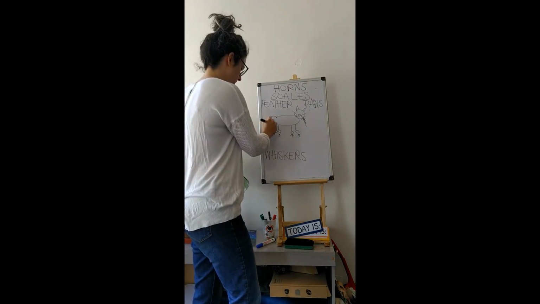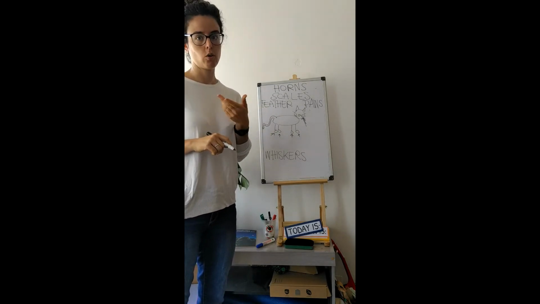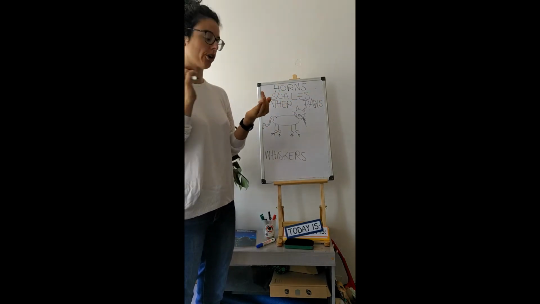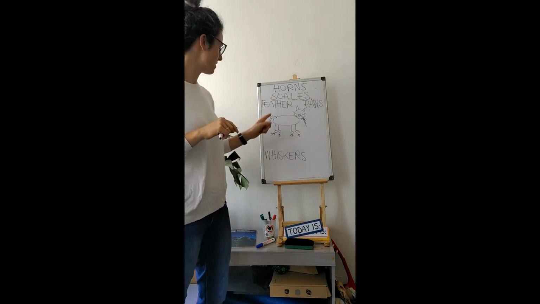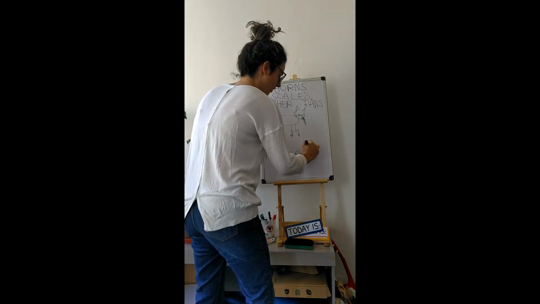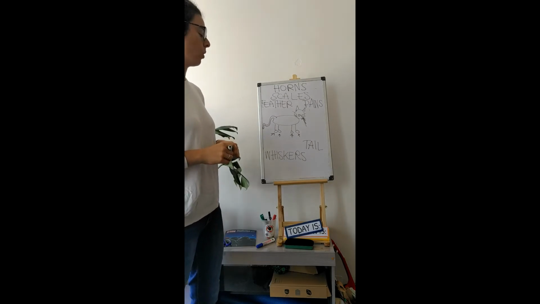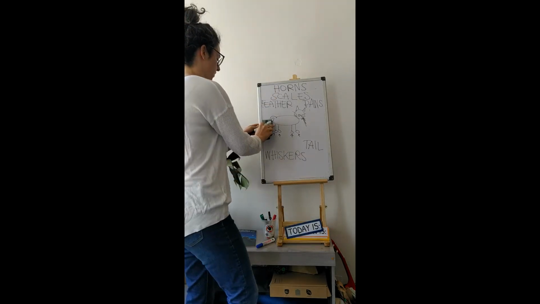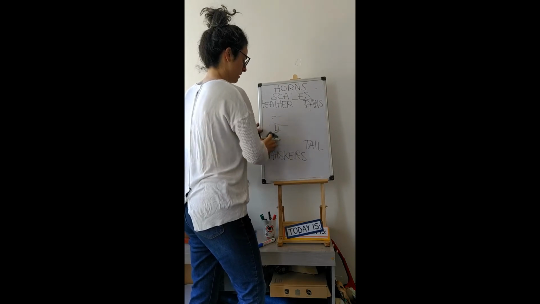What is that part of the cat or dog or other animal? Cow, horse, lizard, snake. Yeah? What is this part? It's the tail.